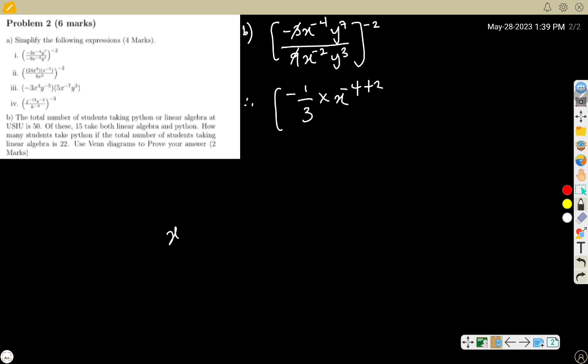So this is x^(−4) divided by x^(−2). So that is the same thing as x raised to power −4 plus 2. So that is x^(−2). Because in law of indices, divide means minus. And I have another minus 2. That is how we get plus. So minus times minus is plus.